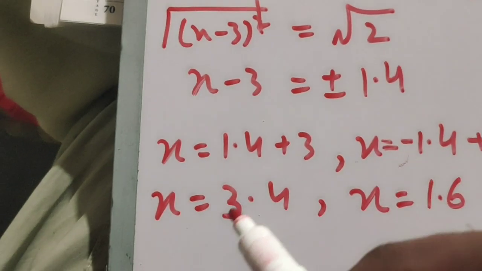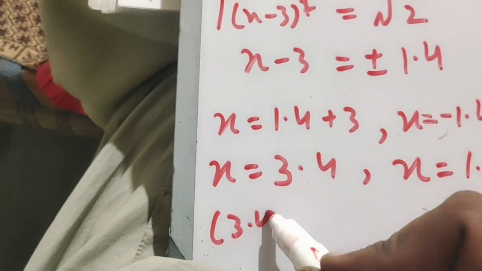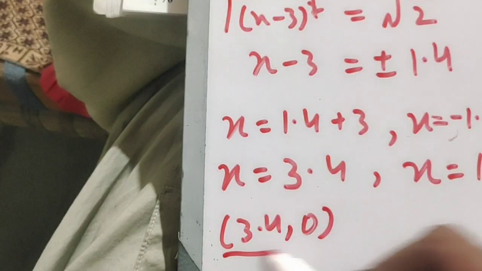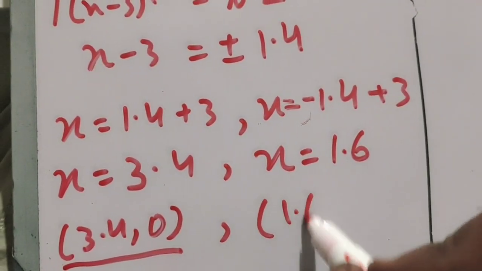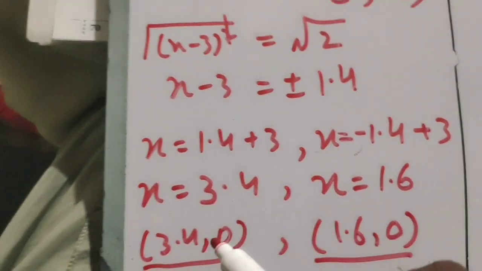So we obtain two points from here: x is 3.4 and y is 0 as the first point, and x is 1.6 and y is 0 as the other point.